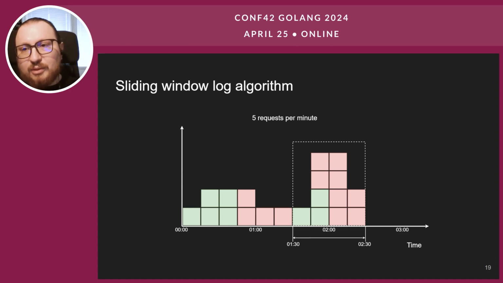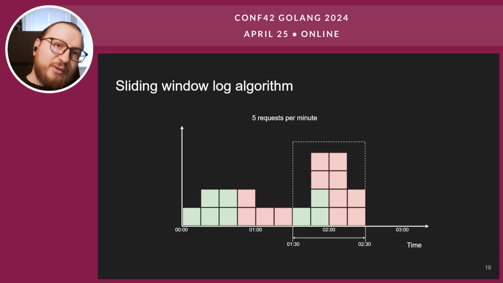The algorithm calculates the total number of requests within the current window by iterating through the remaining timestamps in the log to decide if the request should be allowed. The request is processed if the total count within the window is less than or equal to the allowed limit. Otherwise, it's considered a rate limit violation and might be rejected.